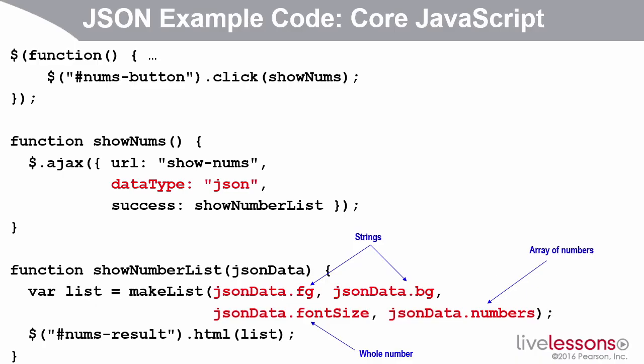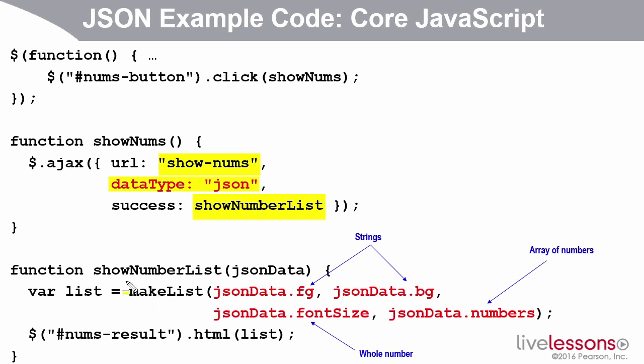All right, I've tested and verified that my helper function that builds a UL list out of the foreground color, background color, font size, and array of numbers works properly. So now I hook the whole process together. So I say fire off an AJAX request to the server-side program that we just illustrated that returns that JSON object. But we tell jQuery, hey, I want this treated as JSON. Parse it for me and pass the parsed result to my handler function.